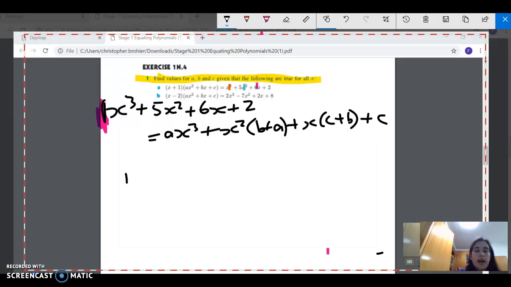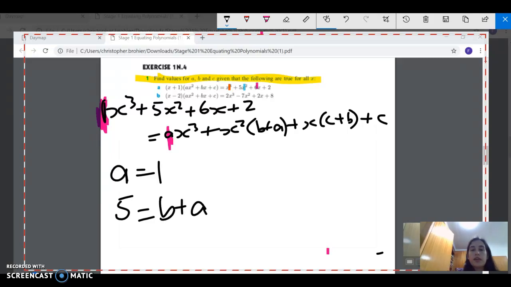So therefore, a equals 1. Yeah, that one, same as that one, both in front of the x cubed term. All right, let's go on to the next one. Well, 5 must equal b plus a. Why? Because 5 is the coefficient of the x squared term, and b plus a is the coefficient of the x squared term.